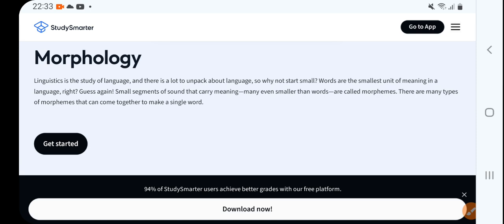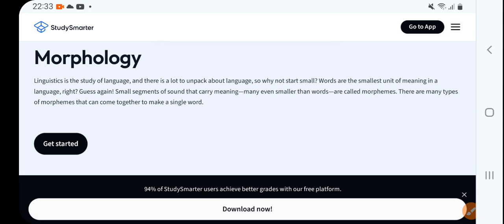Then insertion, how sometimes we insert a sound, and sometimes a sound is deleted, like 'how are you' becoming 'how a you' and 'you and me' becoming 'you a me'. So sometimes sounds disappear, sometimes they are inserted. This way we have discussed phonology.